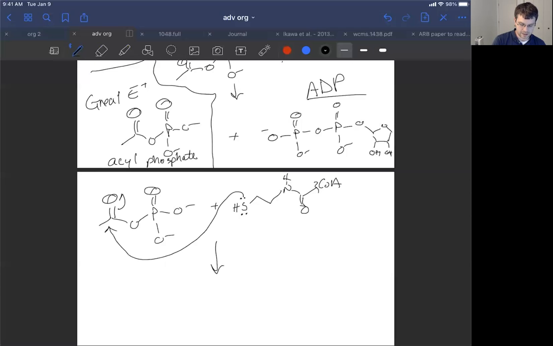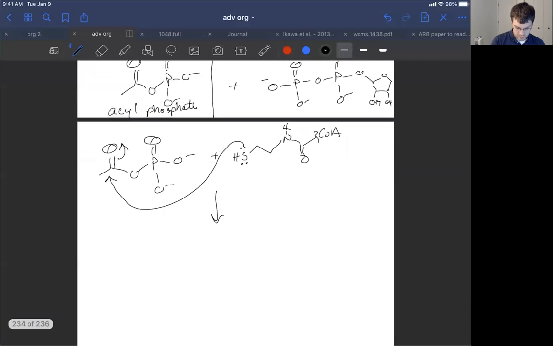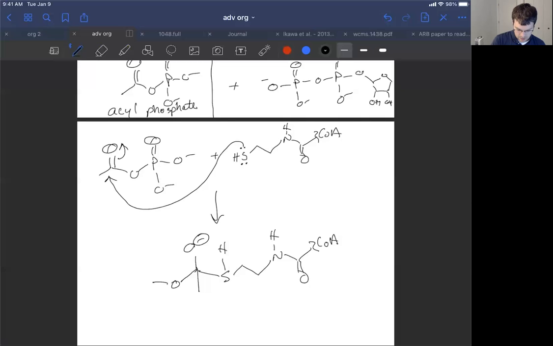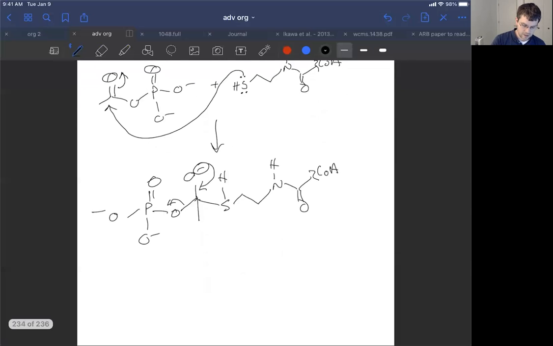So it's going to add to the carbonyl carbon, giving us a tetrahedral intermediate that has a methyl group and a phosphate that can collapse down to make what's called inorganic phosphate, which is just phosphate that's sitting by itself.